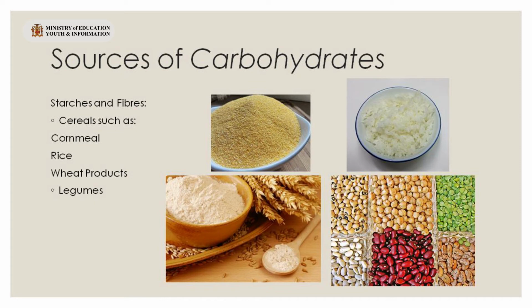Then we have the fibers. Our fibers, we have whole wheat flour. We have legumes such as peas, red peas, gungo peas, black-eyed peas. So when you have your stew peas at home, you're having carbohydrates in your stew peas.